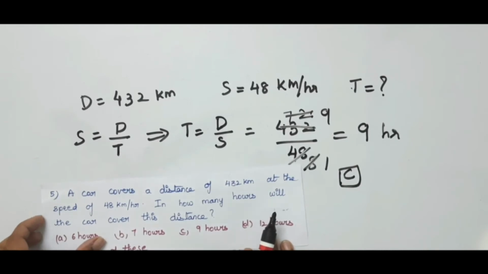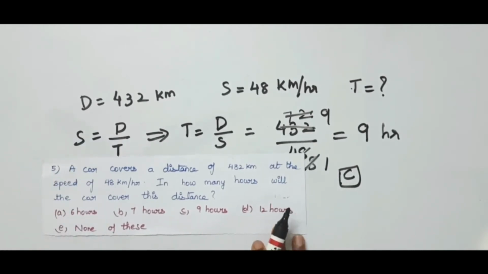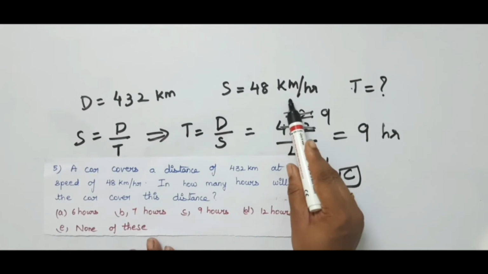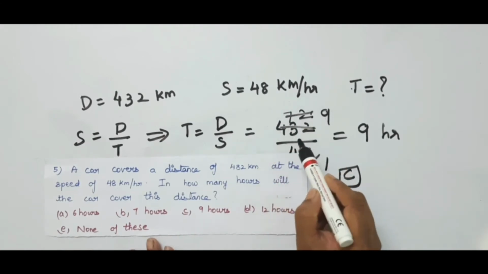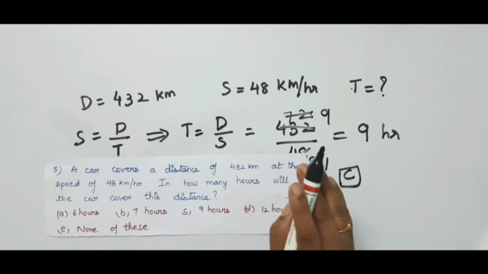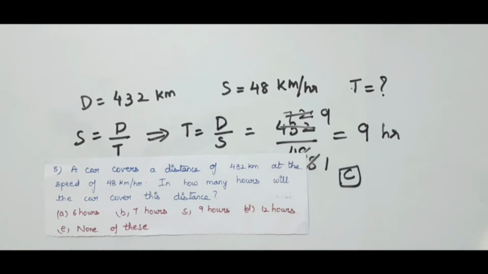Just substitute the values in that, you will get the required answer. But before substituting, first observe the units. Here distance is in kilometer and speed is in kilometer per hour, so we can easily substitute. If the units are different, just convert to the same units and find the time. In this way you have to solve this type of problems.